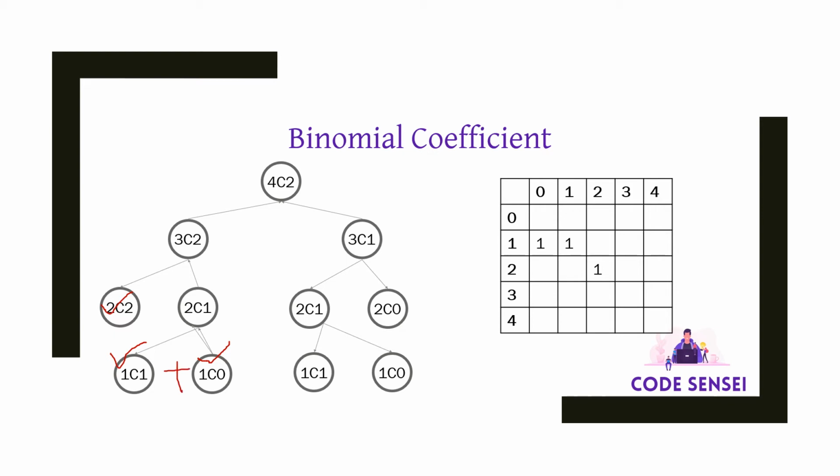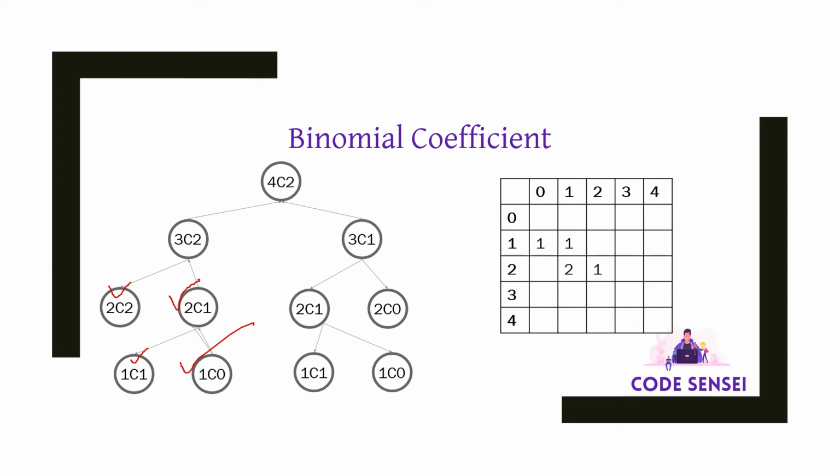From the table, you can see that the value of 1C1 is 1 and the value of 1C0 is 1. So, adding them, 1 plus 1, the value will be 2.